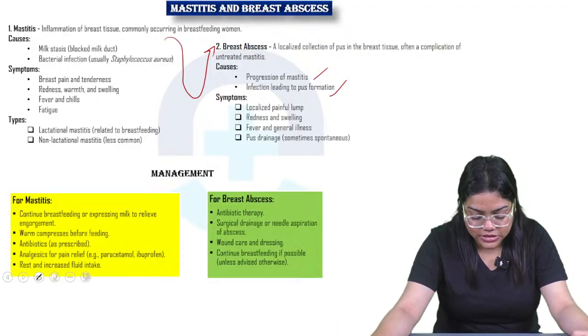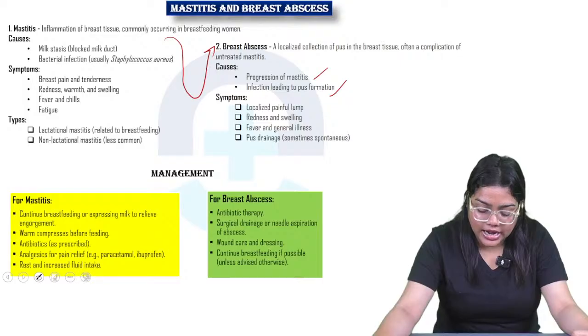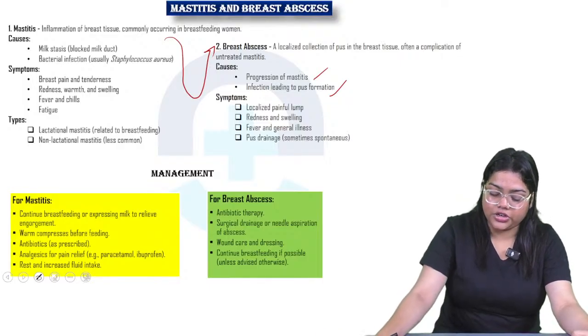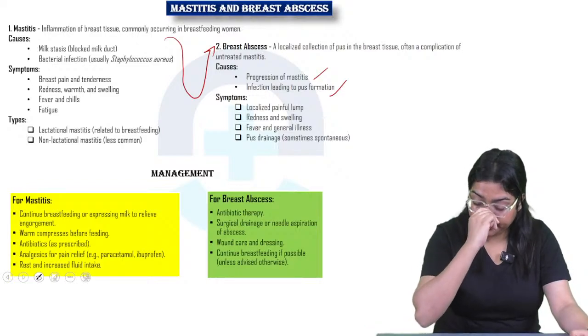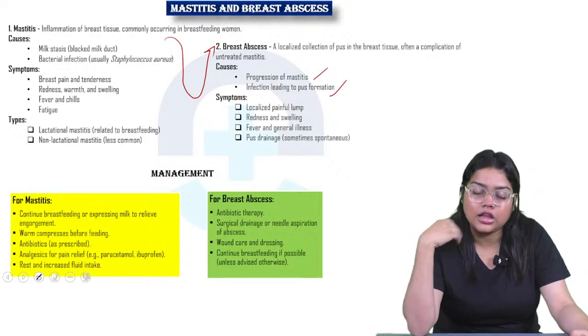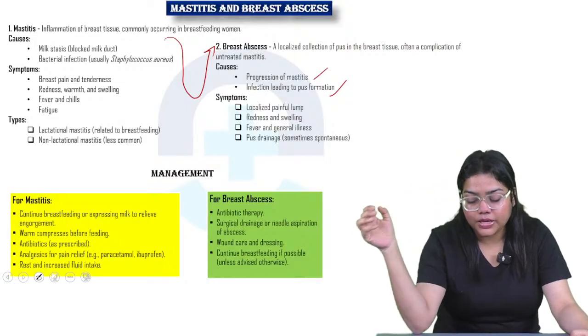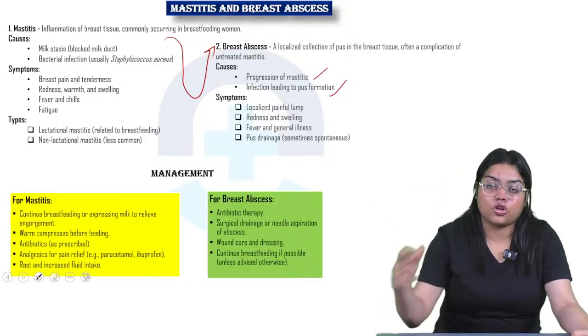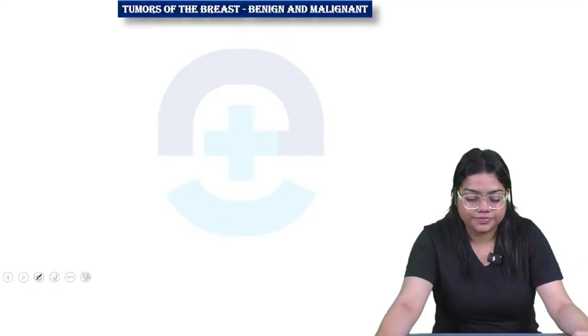Next, for breast abscess: antibiotic therapy, surgical drainage or needle aspiration of the abscess, wound care and dressing, and continue breastfeeding if possible unless advised otherwise. In this case, pus forms in the breast, right? So in some cases the doctor can say to stop breastfeeding. At that time the person can stop breastfeeding, or it may infect the child as well.